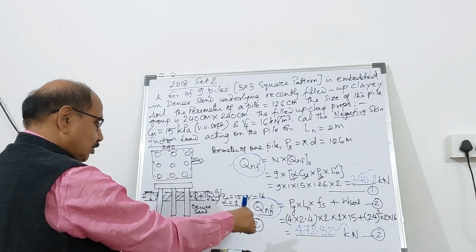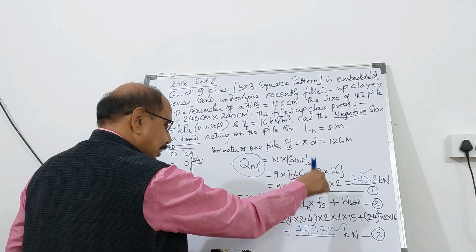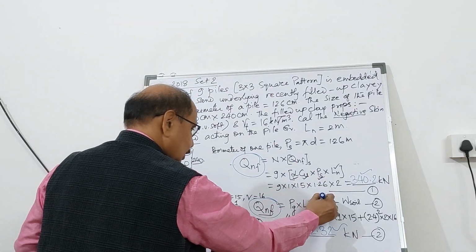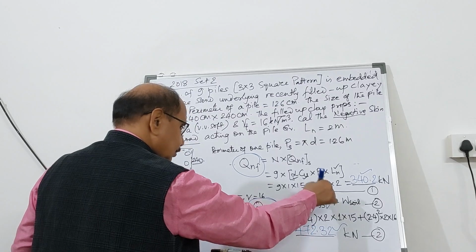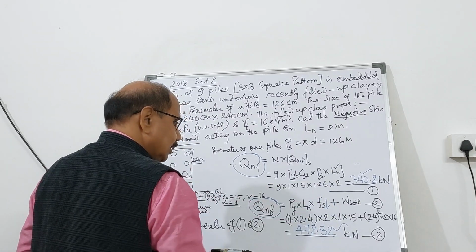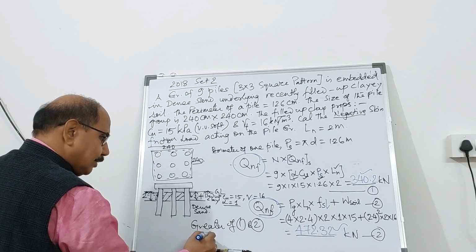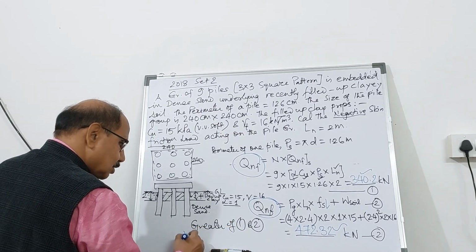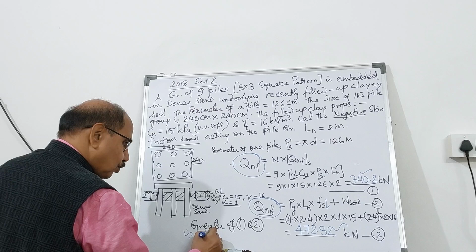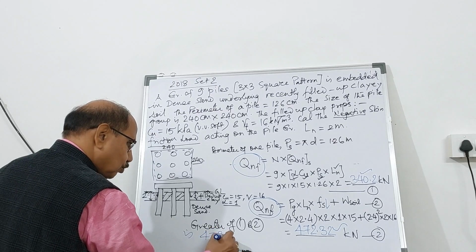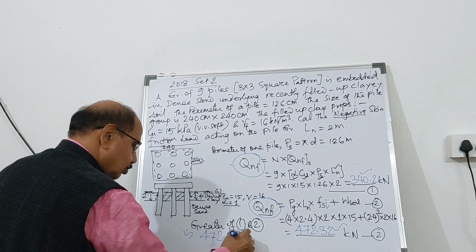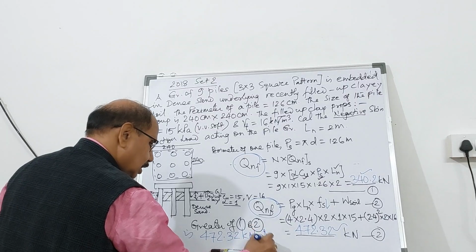So the total downward force we have calculated, the drag force due to this negative skin friction which is acting in the downward direction, and weight. So our greater of 1 and 2 is 472.32 kilonewton. This is the answer.